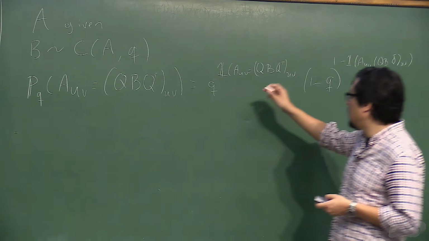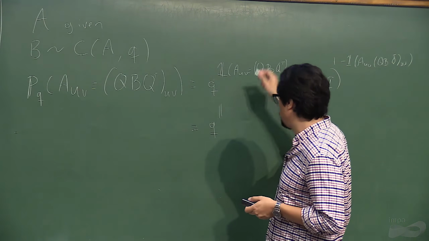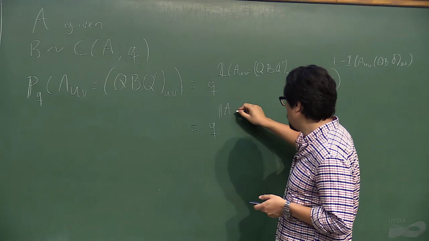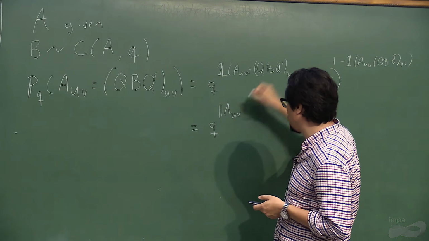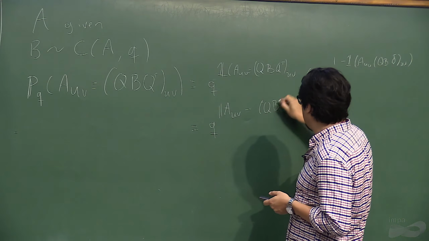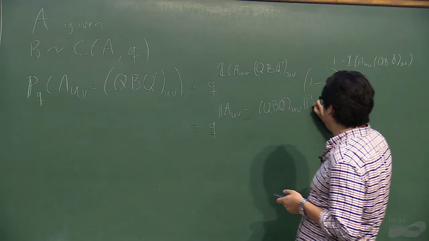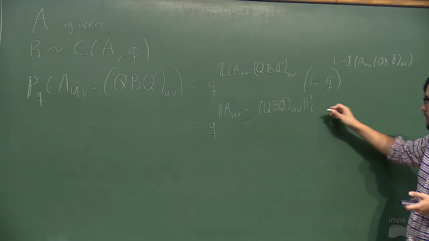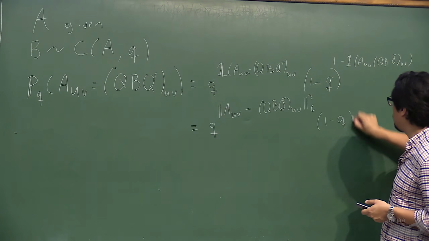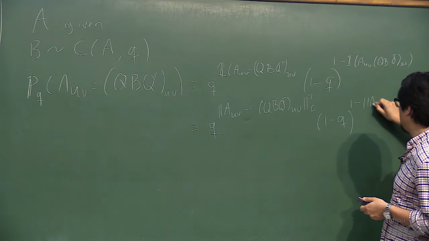Alternatively, we can write this in this way. I can just use the Frobenius norm of the difference, looking at this entry, A_uv minus (Q B Q transpose)_uv. Basically, this is just a single number, but the point is that I want to write everything in terms of the Frobenius norm, and 1 minus the same thing.